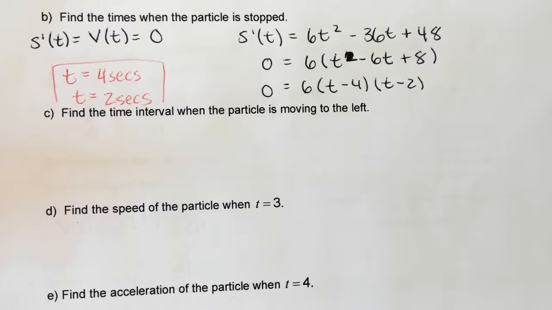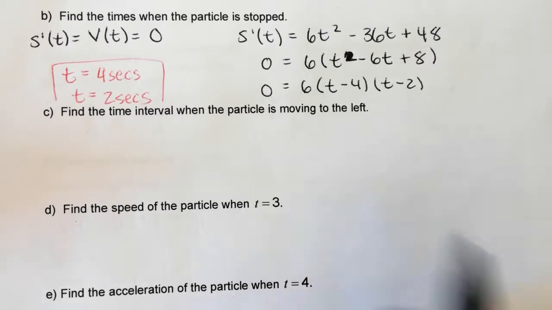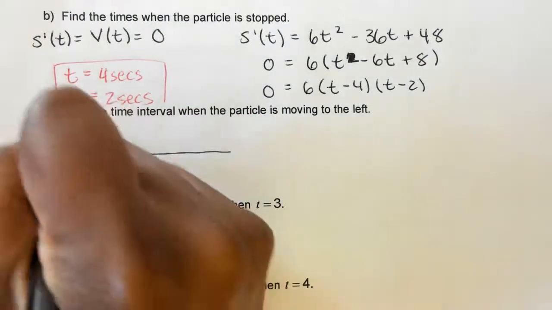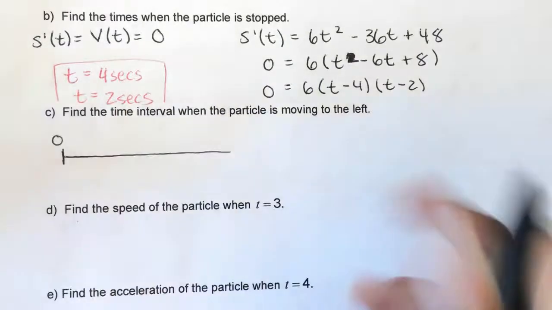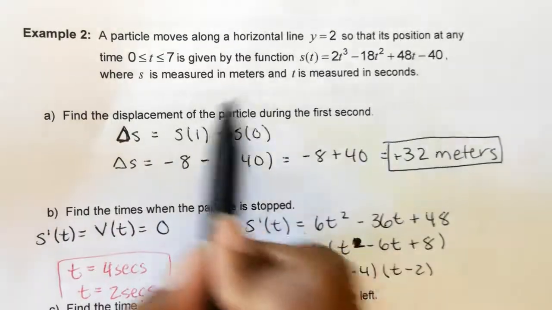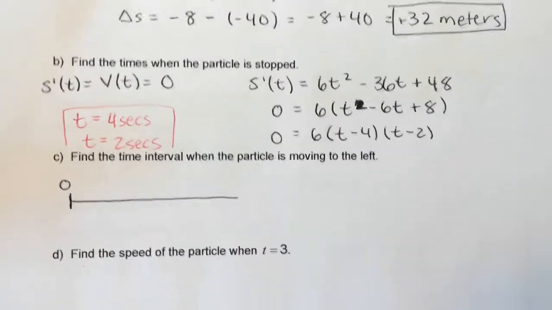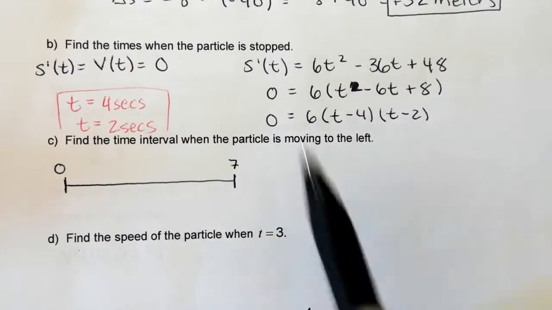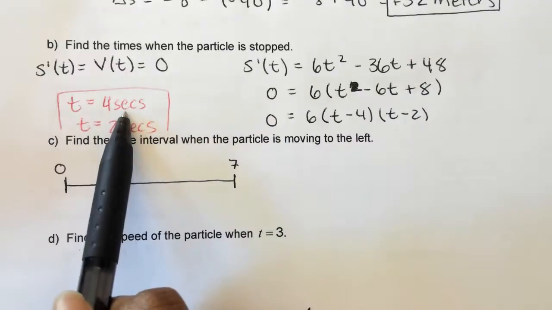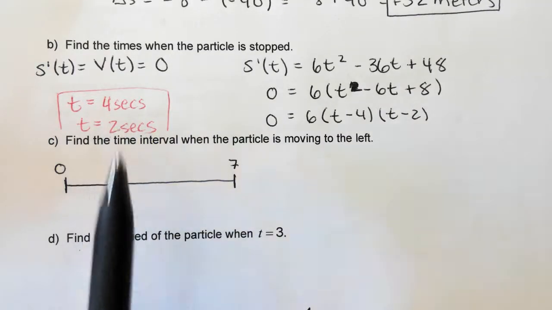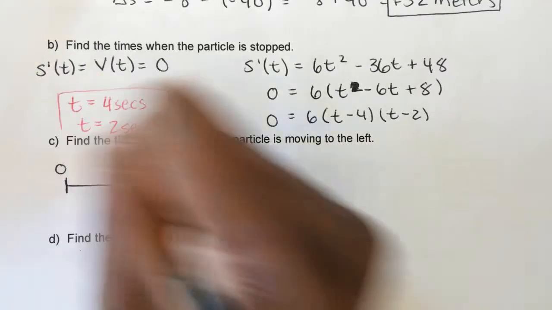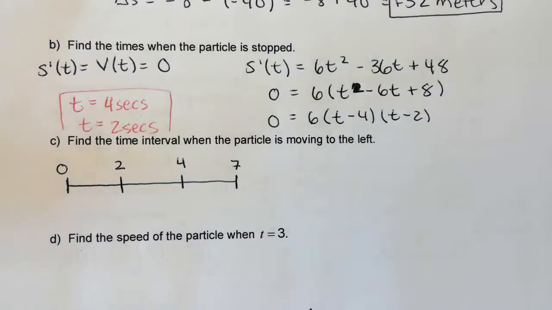Next, we want to find out when the particle is moving to the left. So to do this, I'm just going to create a little number line, and I'm going to start it at 0 and end it at 7, because that's the interval it gives us. And we know that v of t is 0 at 2 and 4, so I'm going to put 2 and 4.